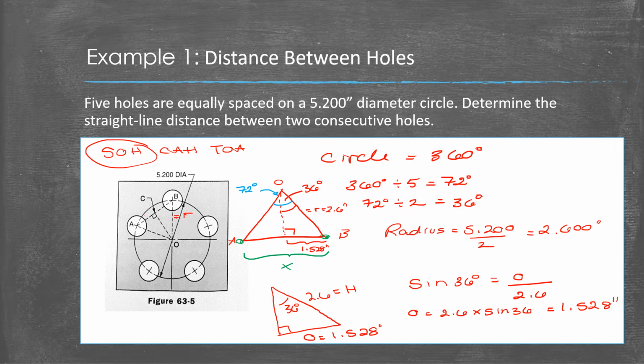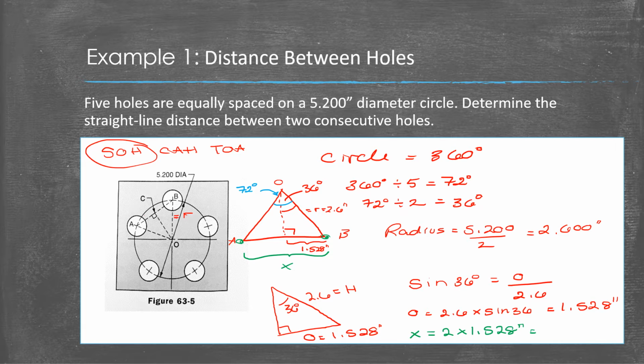We split the triangle in half, so it's really, really important to double it. So x is going to be equal to 2 times what the measurement O is, 1.528 inches, which gives us, now sometimes you'll get a little rounding variation here. I usually will keep all of the decimals in my calculator.